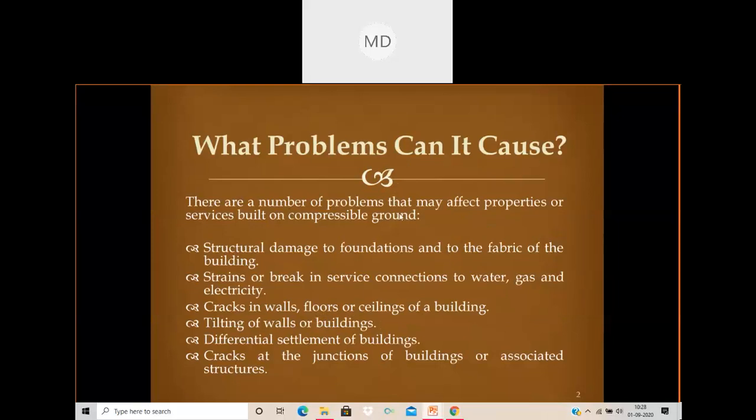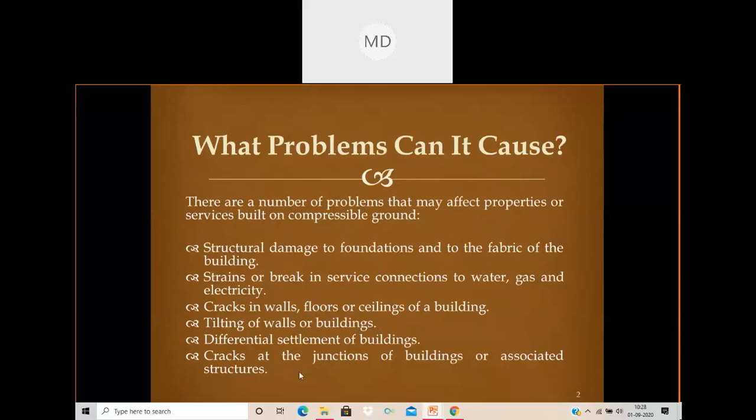There are a number of problems that may affect properties or services built on compressible ground: structural damage to foundation and to the fabric of the building, strains or break in service connection to water, gas and electricity, cracks in walls, floors or ceilings of a building, tilting of walls or buildings, differential settlement of buildings, cracks at the junction of buildings or associated structures.